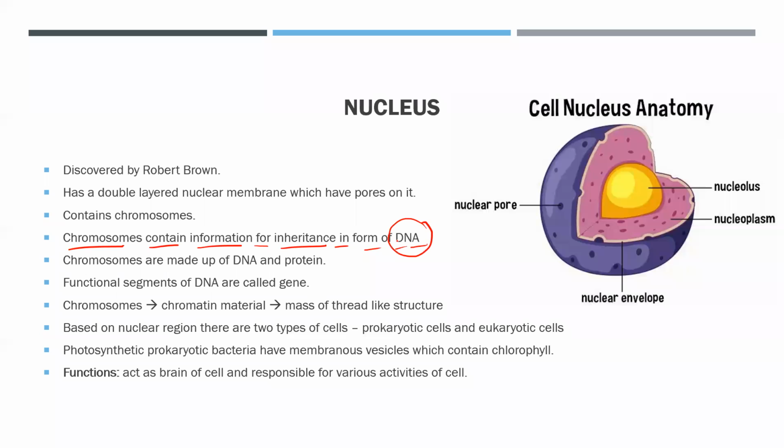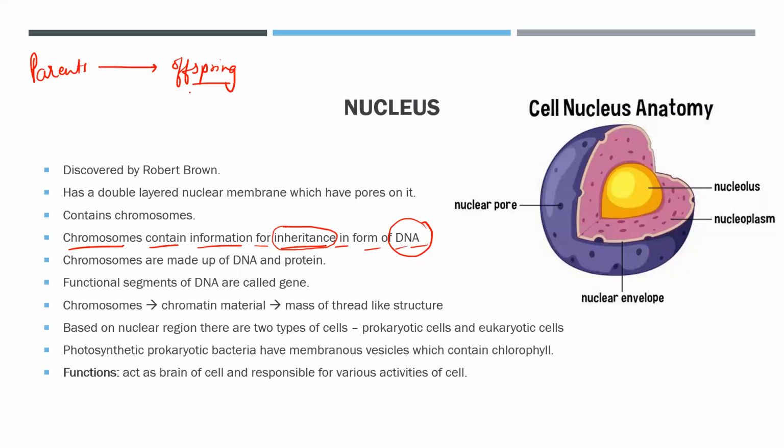We all know a little about DNA, right? Now, DNA is actually related to inheritance. Inheritance means information that is passed from one generation, from the parents to their young ones. That information which goes from parents to children is contained inside the chromosome.